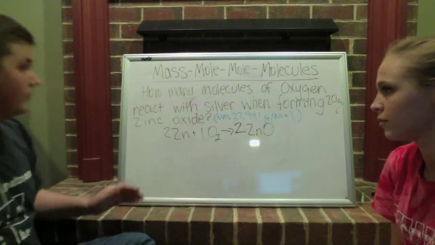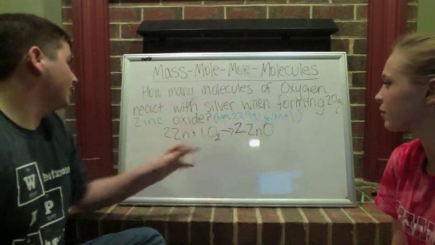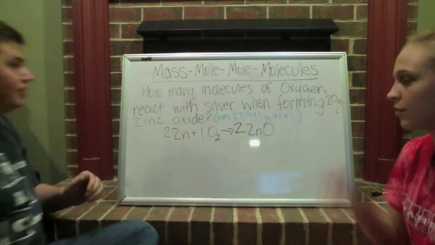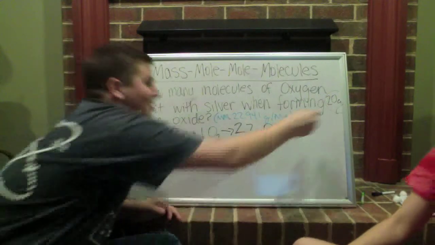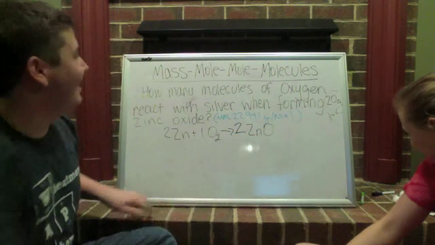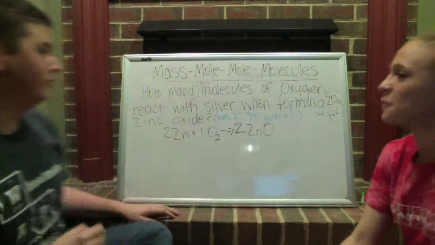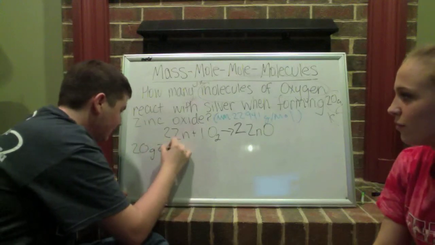The question reads, how many molecules of oxygen gas react with silver when forming 20 grams of zinc oxide? So that is our known, and this is our unknown. We're going to start with the 20 grams of zinc oxide.